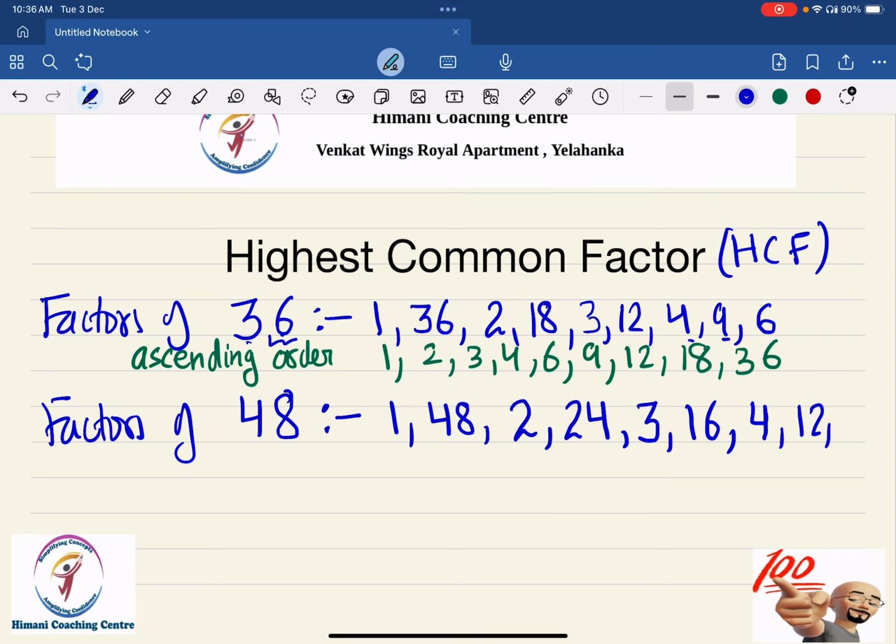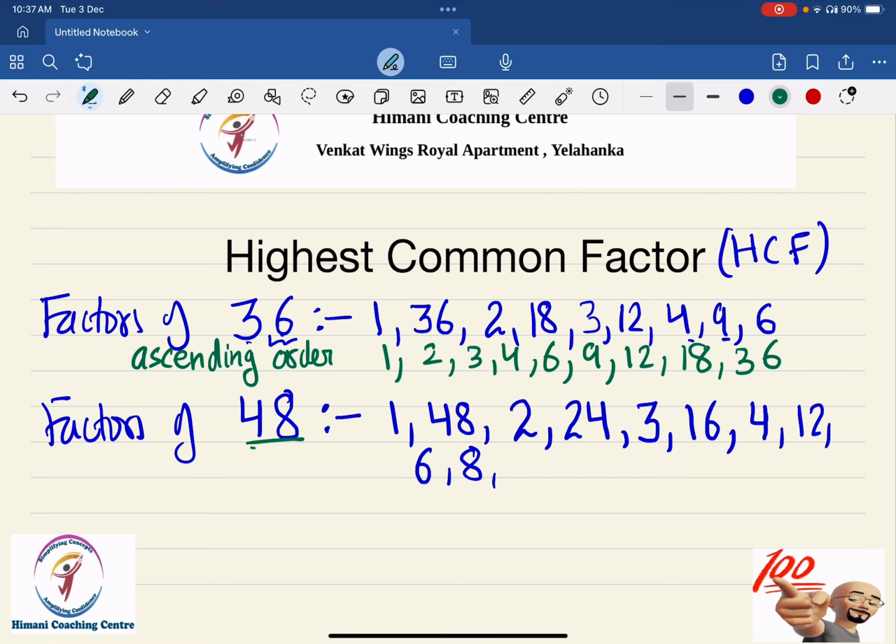Then we go to 5, 48 is not a multiple. 6 it is, so 6 times 8. Then after that you see 7, 48 is not a multiple. 8 we have already taken. So that means we have already written all the factors.